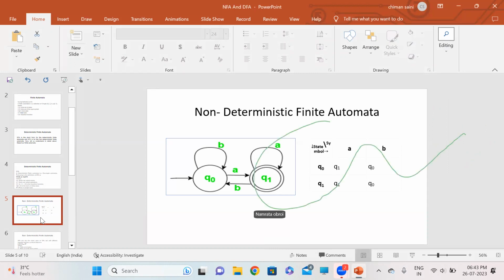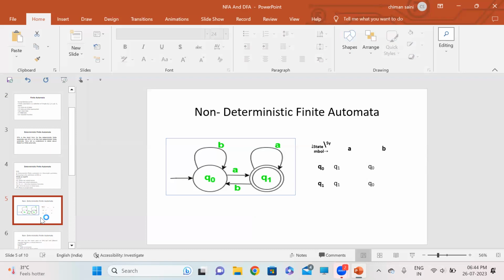So the first thing in our mind: why is it called non-deterministic finite automata? What is the logic behind it? The logic is that after applying an input, if we move to a single state, then it is a deterministic finite automata.